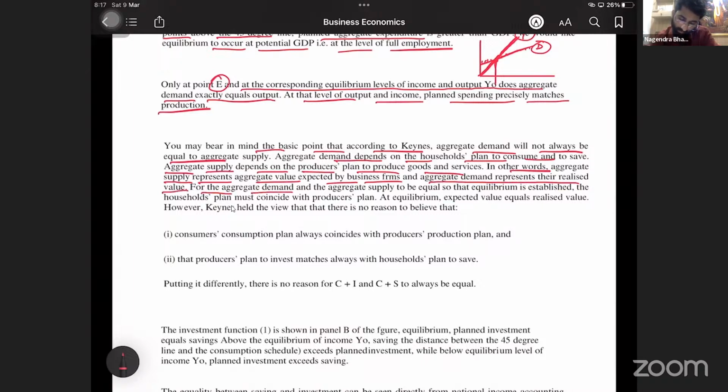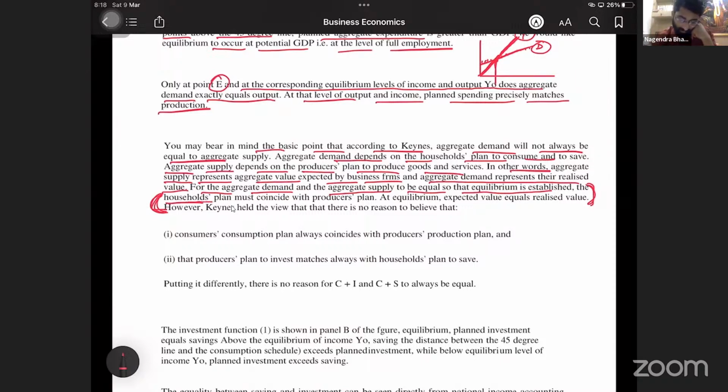For aggregate demand and aggregate supply to be equal so that equilibrium is established, the household plans must coincide with the producers' plans. This is important. The household should demand the same amount of output which is produced by the firm, or the firm should produce the same amount of output which is demanded by the household.